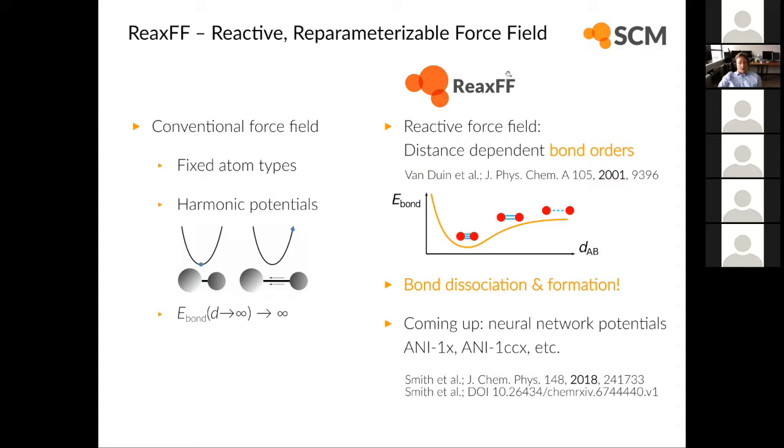And it does so by relying on so-called distance-dependent bond orders, as shown here in this graph. Basically, with increasing distance between two interacting atoms, this bond order changes, and that is then used to make this interaction vanish in the limit of long distances. We're recently also working on neural network-based potentials, which are able to do the same thing.